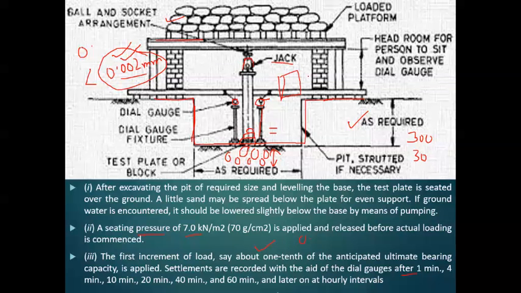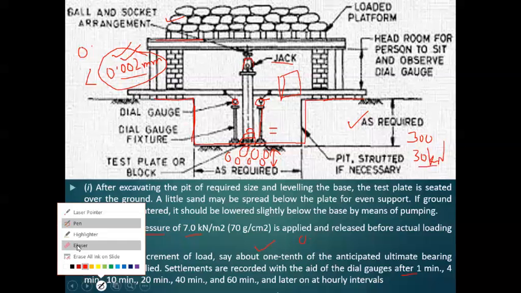Then you know the load, for example 30 kilonewton applied here, as well as the area, so the loading intensity can be calculated. You can take load and settlement readings, or load intensity versus settlement readings, and you can plot the load settlement curve, which is indicated in the next slide, that I am going to show you.